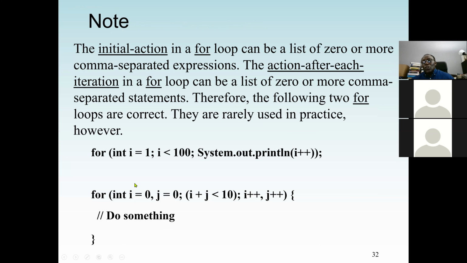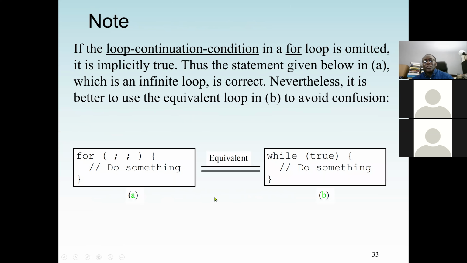We use the for loop for i, we use the for loop for j. But this also will work. As we said, they are rarely used in practice, but they are correct. We'll see more examples again, especially if you take a Java class.